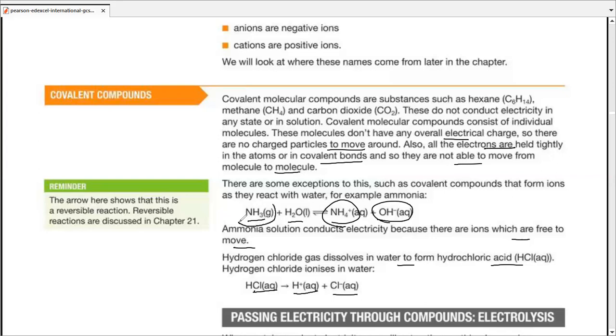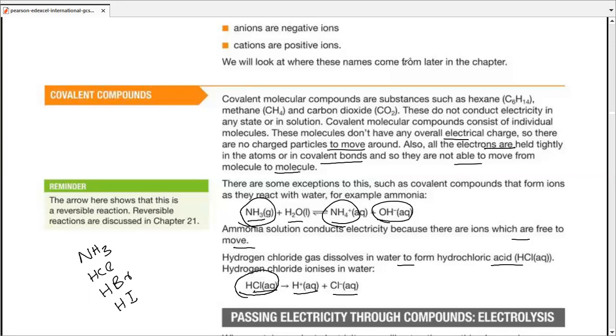So the example of ammonia, or hydrogen with certain halogens, being capable of conducting electricity when dissolved in water, are examples of covalent compounds which can conduct electricity. But remember, there are very few exceptions. For example, this, as we discussed, is an exception in water. This is an exception when dissolved in water. So these are the only exceptions that we can come up with.